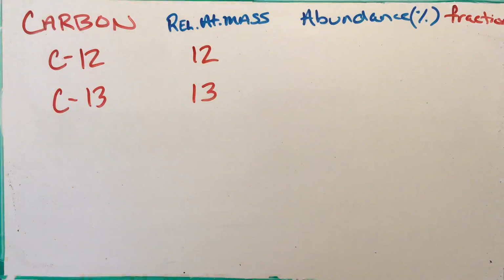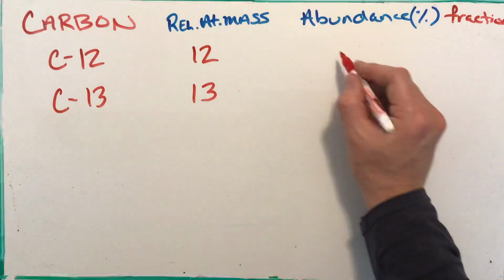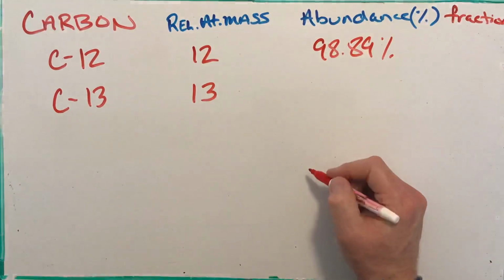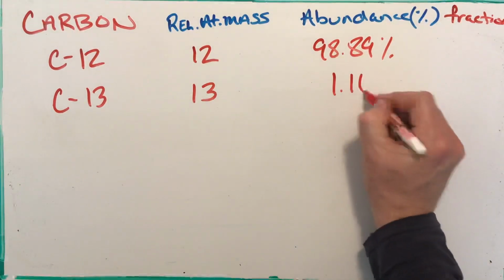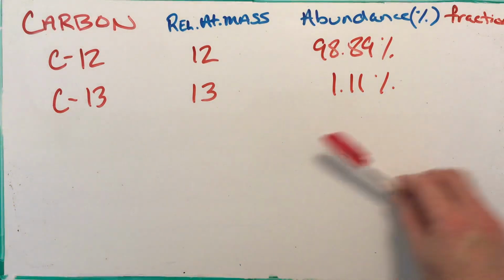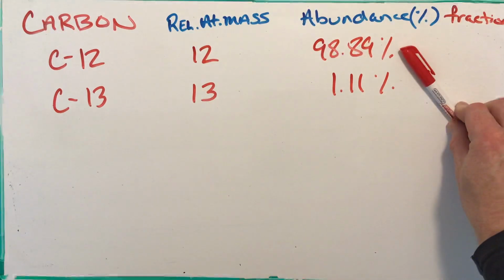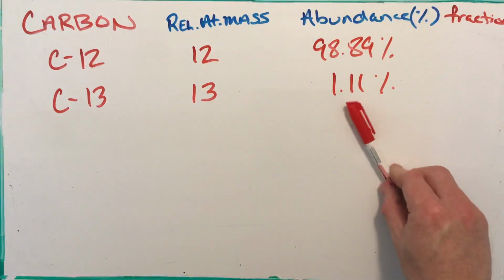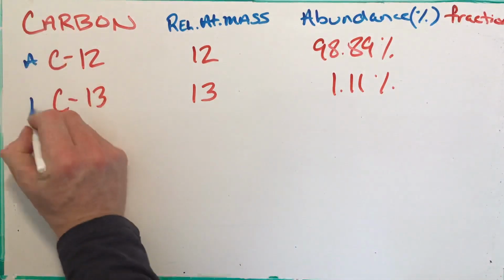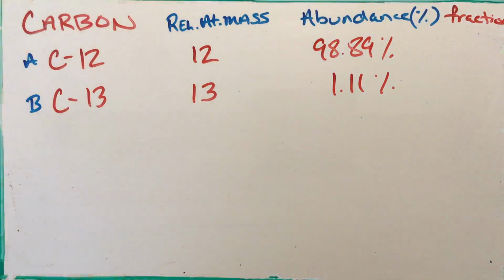In this sample, the abundance was found to be, for carbon 12, 98.89%, and only 1.11% for carbon 13. That kind of sounds right when you think about it. We talked about carbon saying, hey, pretty much everyone out there got 12, but a few of us got 13. This sample holds true to kind of what we already know. So we'll call carbon 12 form A, carbon 13 will be form B, and we'll get ready to go.